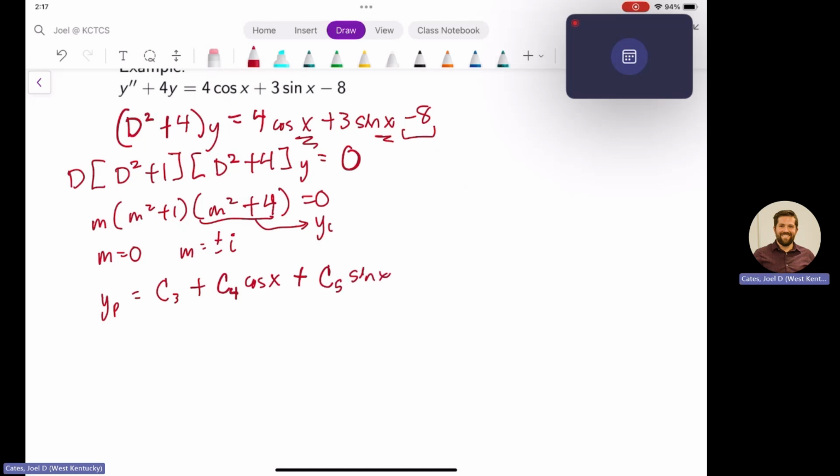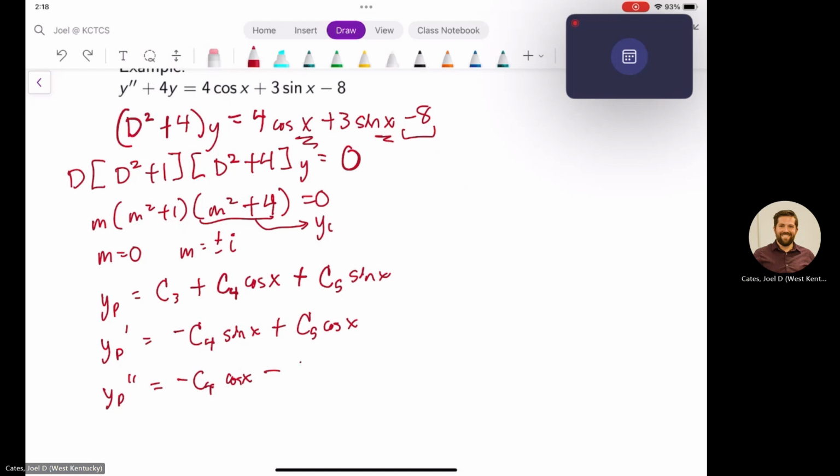Now, if I look at the first derivative of that, I've got a minus c sub 4 sine of x plus c sub 5 cosine of x. If I look at my second derivative, I've got a minus c sub 4 cosine of x, or actually minus c sub 5 sine of x.